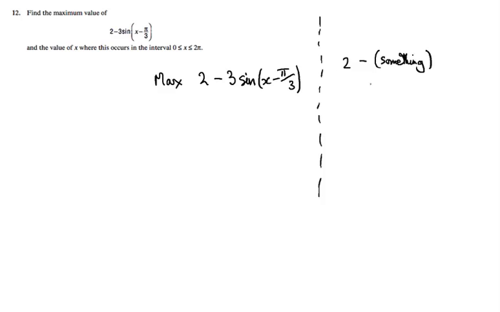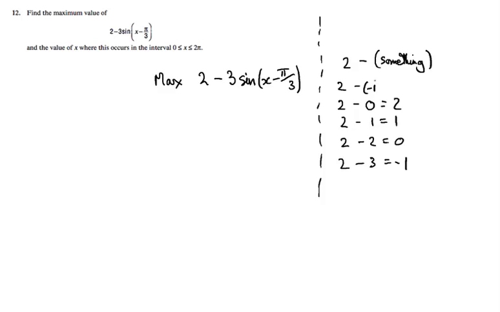And if we're trying to find the maximum value of 2 minus something, let's think about 2 minus 1, 2 minus 2, 2 minus 3. They're getting smaller and smaller, so the maximum value would be if we make this something as small as we possibly can.